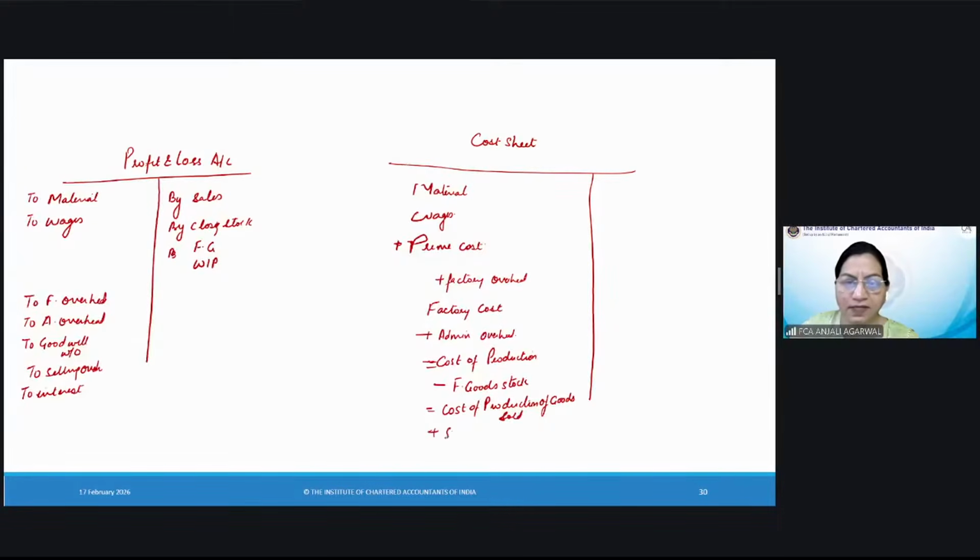Then you will incur selling and distribution overheads, and this will be your cost of sales. And finally, there will be sales. In between, you will have the balancing figure as profit.